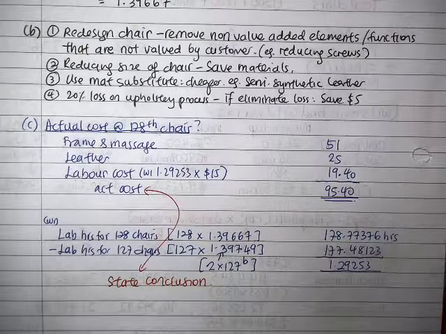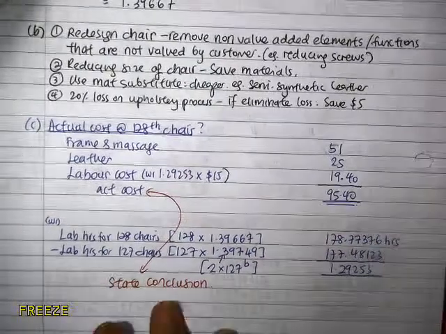Okay. All right. Now I just want to show a very short, quick one on page 83. I just want to do one part, 6 marks with you. Okay, page 83.